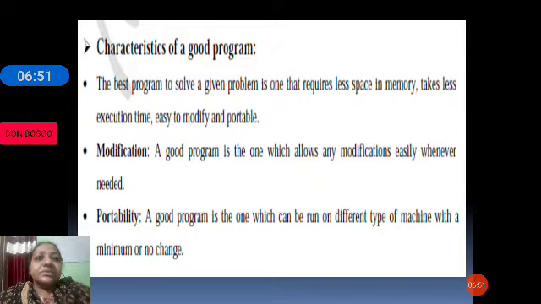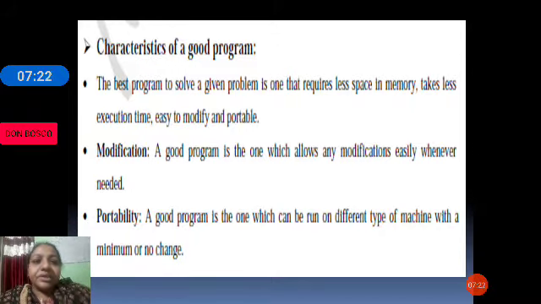So when we write a program, if that program takes less space and it takes less time to get executed, then it should be easy to modify, and it should be easily portable. Portable means exchange between the devices.